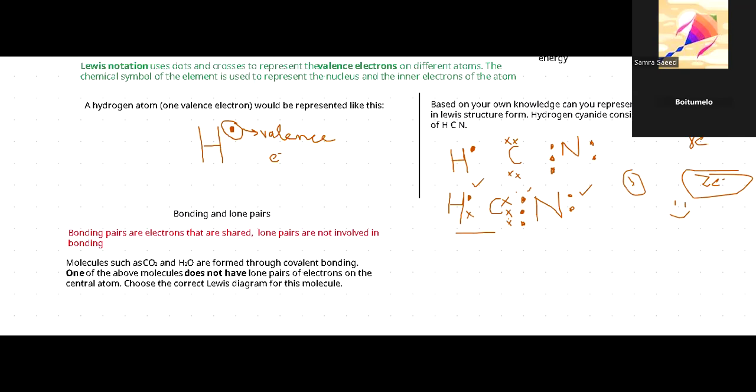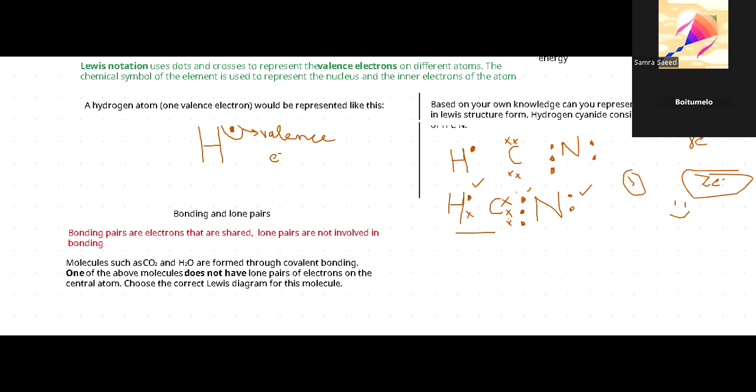You will learn that at a later stage, maybe in grade 11, about endothermic and exothermic reactions, and also bond forming and bond breaking. Okay, now we have bonding pairs and lone pairs. Bonding pairs are different from lone pairs, because bonding pairs are electrons that are shared. In this particular case, all of them are participating in bonding, with the exception of this one here. It's not being shared.